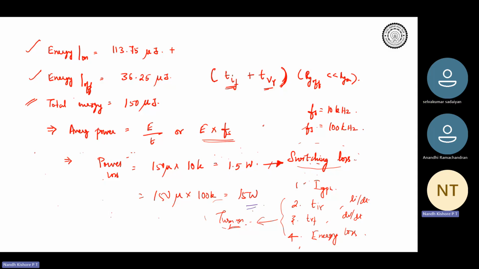So power is energy into switching frequency. We saw that at 10 kilohertz, for the same energy loss, the power loss is 1.5 watt. At 100 kilohertz, the power loss becomes what? Directly, it's a multiplication of energy into switching frequency.